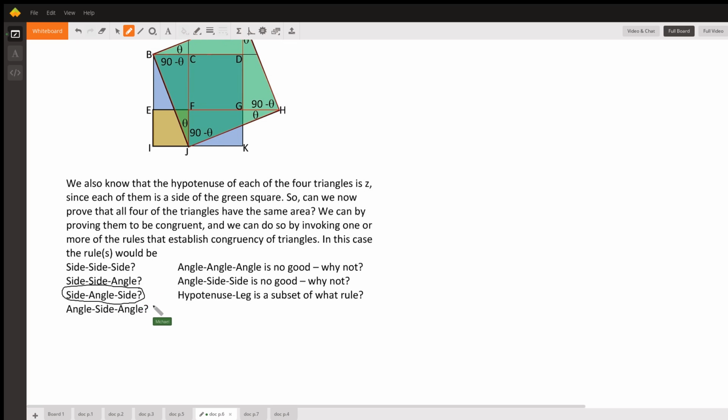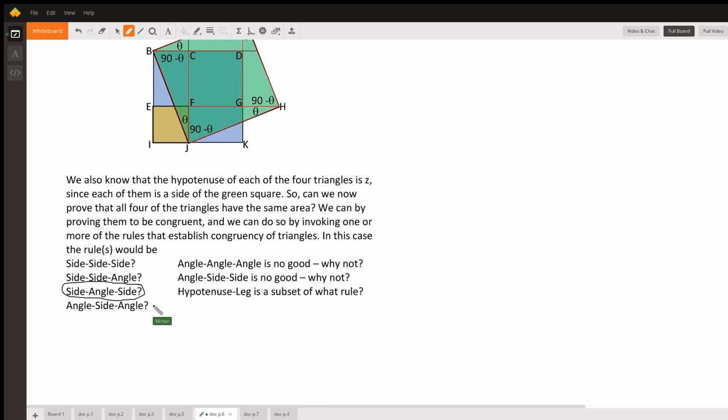Angle, side, angle. Yes, we could use that one. Whoops, sorry. I got carried away with my circling. It was this one that works. We know two angles and one side. There's my eraser. Erase that mark.